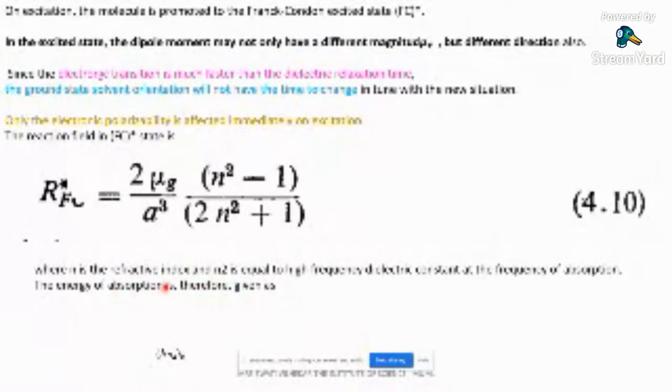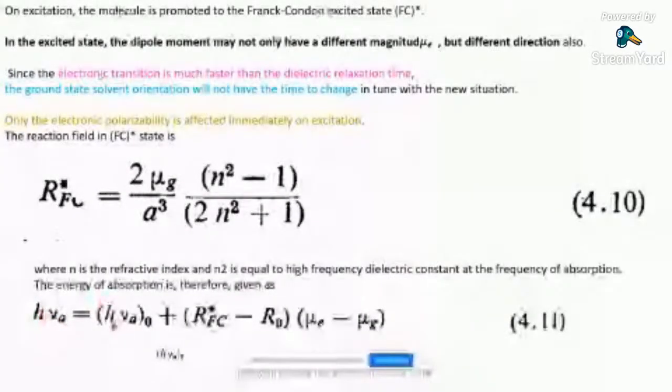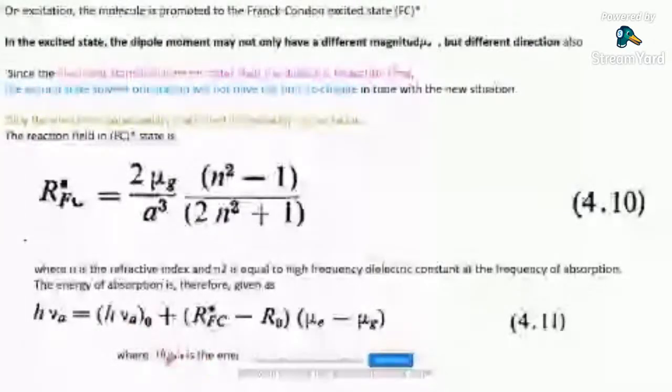The energy of absorption will be given as h nu a equals h nu a naught plus terms involving the Franck-Condon reaction field, the normal reaction field, and the associated dipole moments of the excited state and the ground state. So this is the energy of absorption, taken in the two forms, where h nu a naught is the energy in the gas phase.